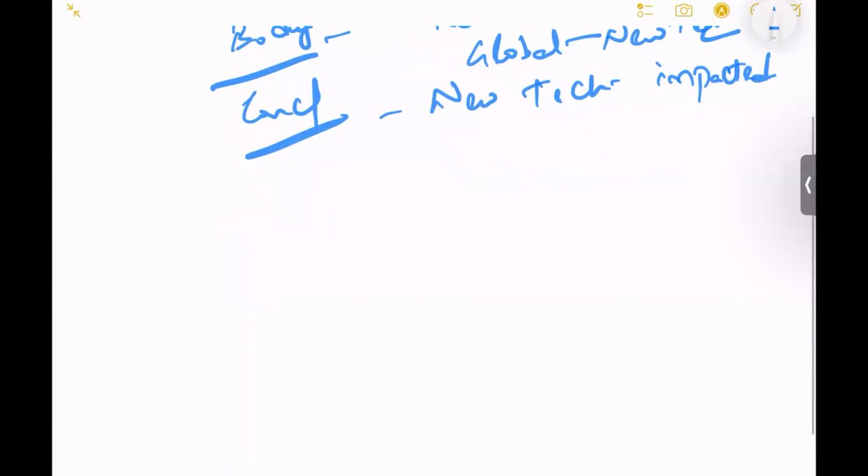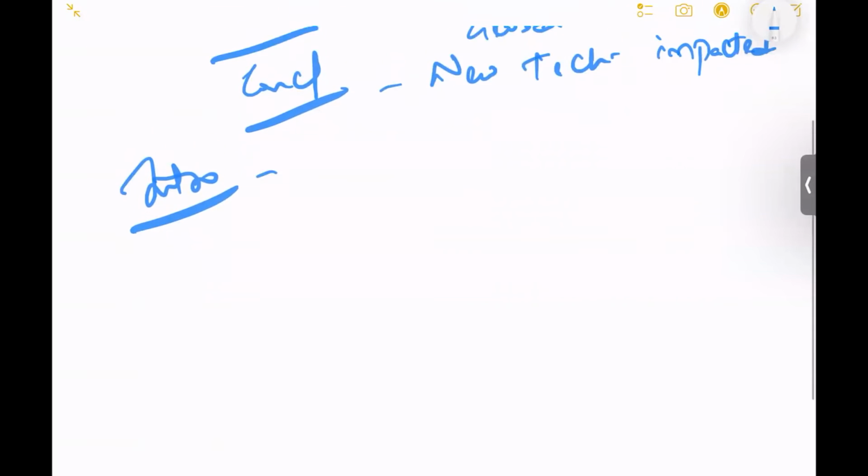So first, introduction. Define globalization. Globalization, everyone knows, is a very standard and important phenomenon which the world is facing today. Okay, what is globalization?